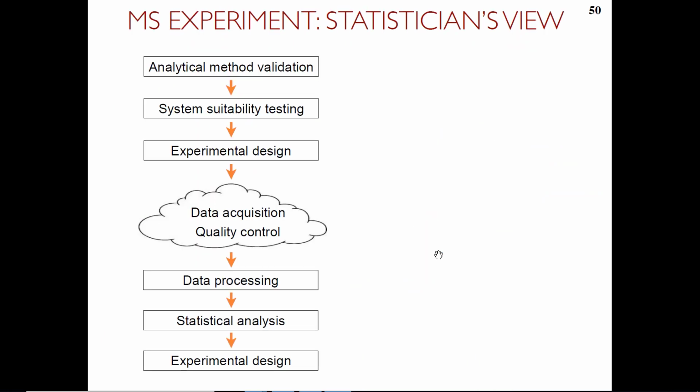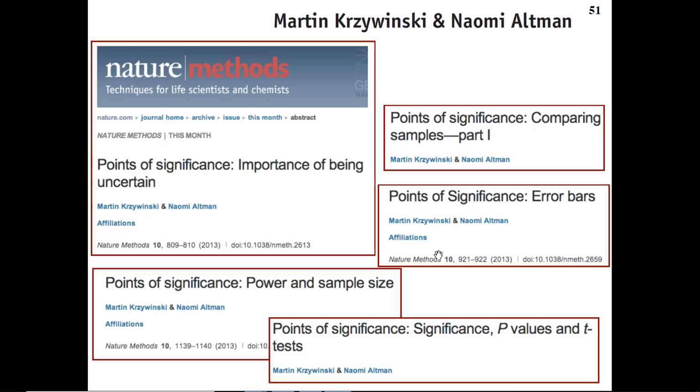Let me just finish here by saying that there's a lot of literature on that. I really like the Nature Methods Points of Significance vignettes. It's a series of 2-page articles on very specific topics in statistics. And a lot of things that I will be using tomorrow and on Friday come from that, actually.